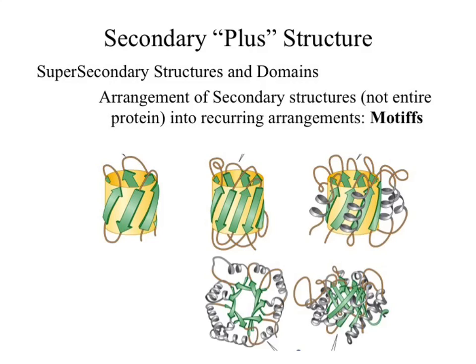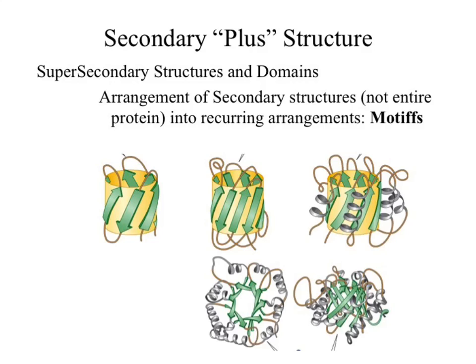But what happens when I have a beta sheet that interacts with itself? Well, that's kind of weird, because that's not really interacting with another beta sheet, and it's not really the same beta sheet. So you're getting a beta sheet interacting with itself.